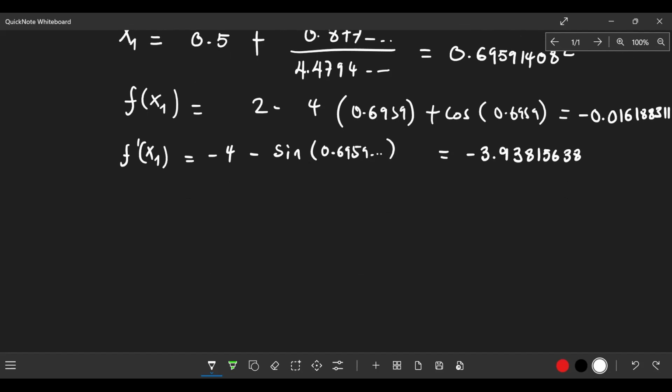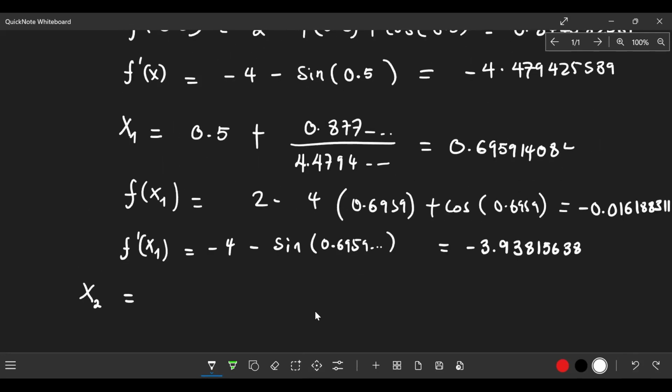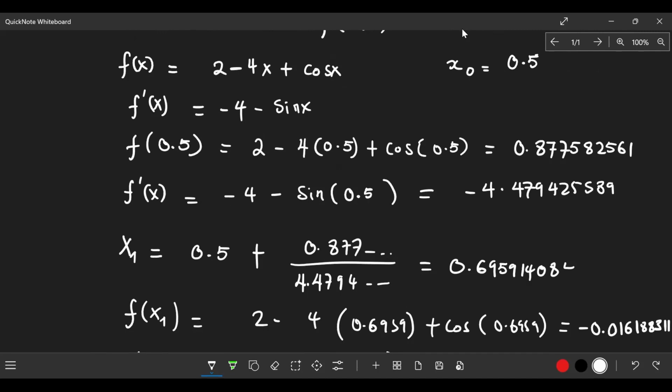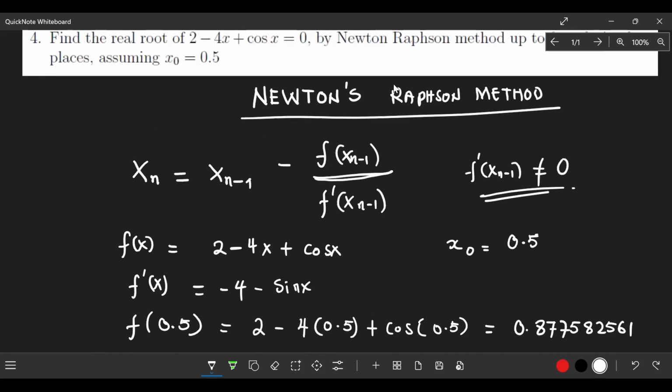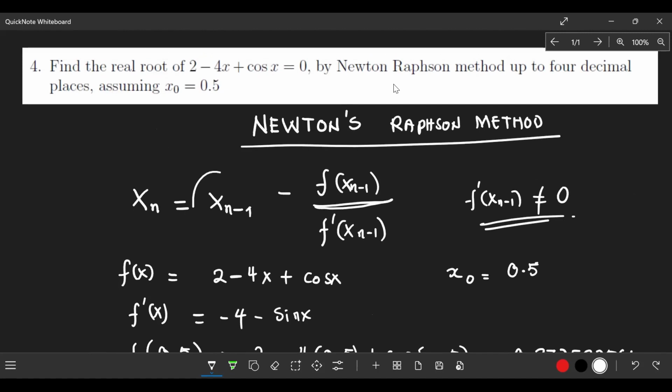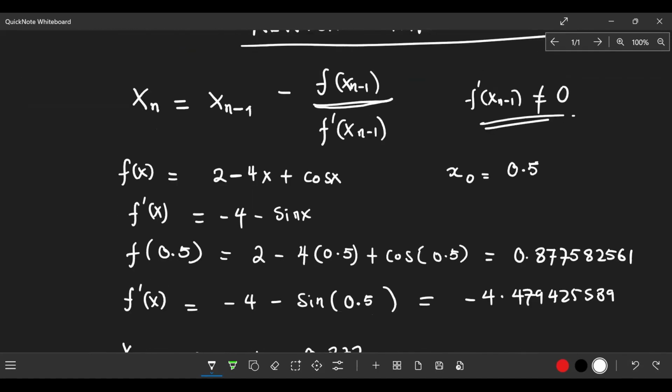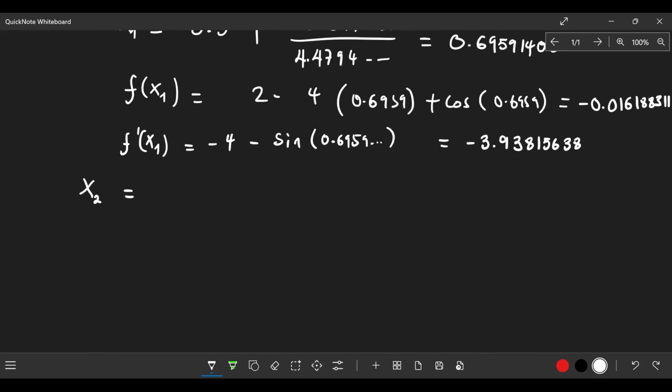Now let's go back and find x2. So x2 is equal to the previous value of x, which is 0.6 whatever. Remember, we're using this formula and just depending on the previous value. So x n minus 1 now becomes x1, which is 0.6959 whatever.